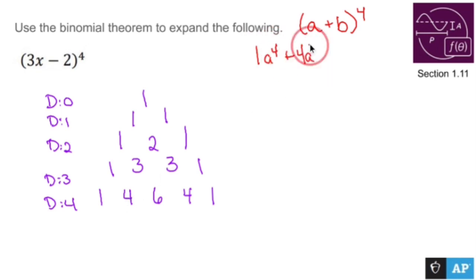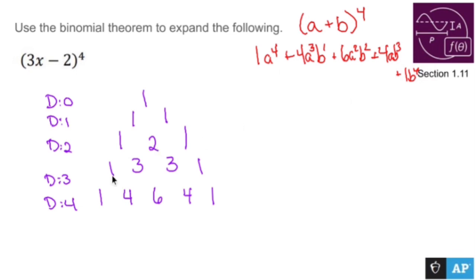And then you work your way down with the a's and work your way up with the b's. So a to the third, b to the first, plus 6 a squared, b squared, plus 4 a to the first, b to the third, plus 1 b to the fourth.